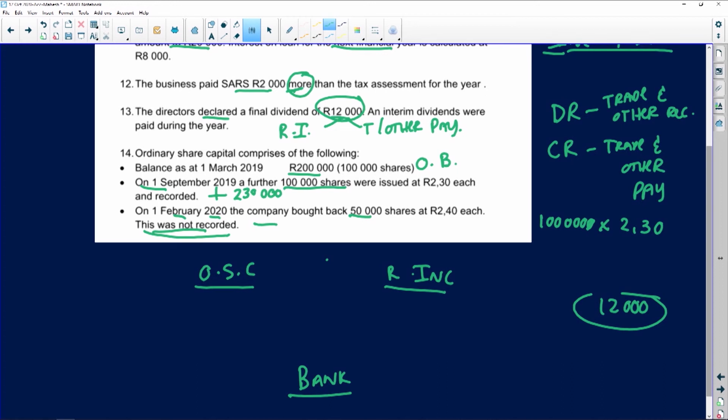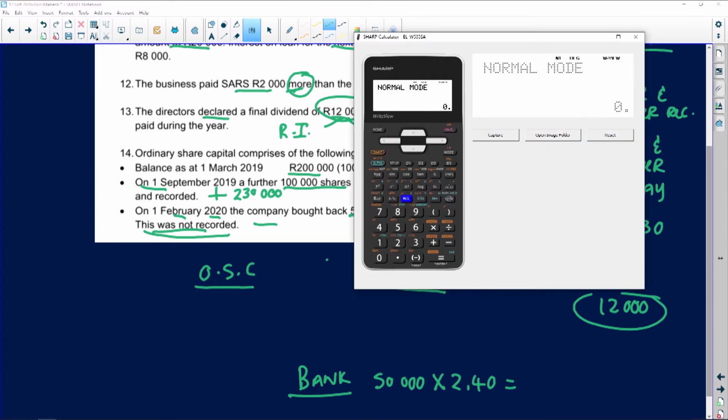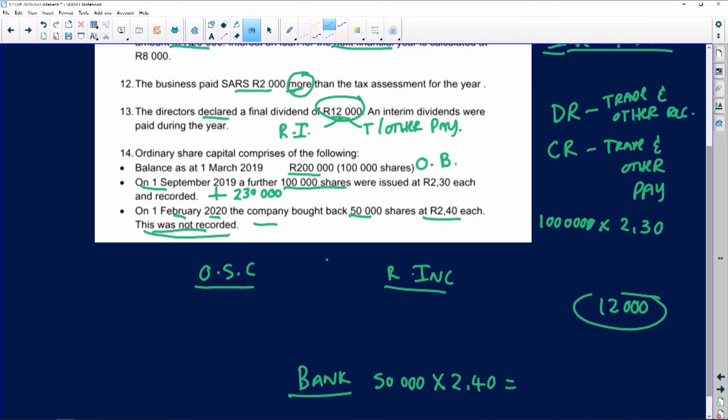The company bought back 50,000 shares at a buyback price of R2.40. So 50,000 times R2.40, the overdraft is now increasing by 120,000.